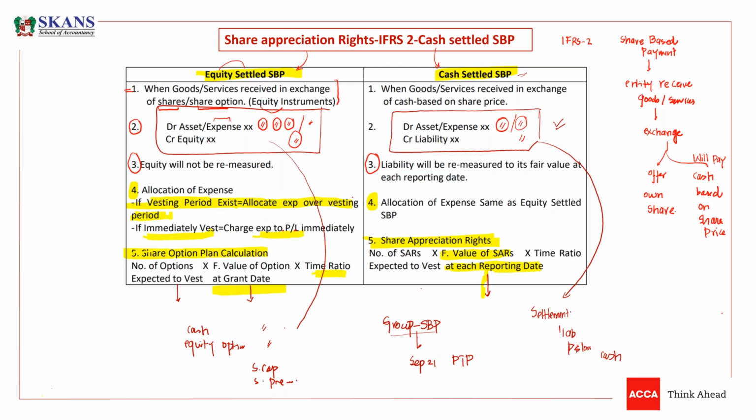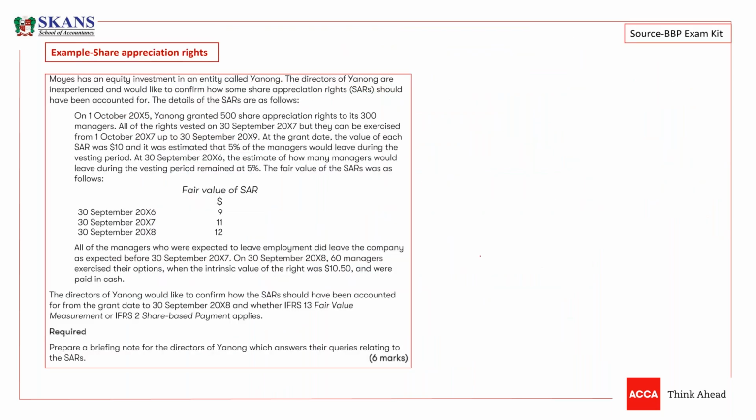Okay. Now, guys, we need to solve this question. The question is, again, a past paper question. I picked this question from, again, a BPP exam kit. So here is the source, BPP exam kit. Now, guys, what is the accounting treatment? This is again for 6 marks.